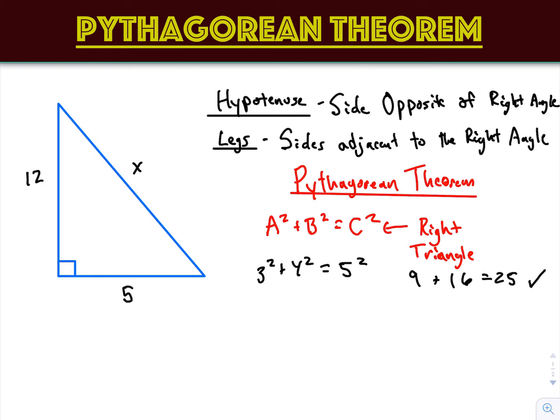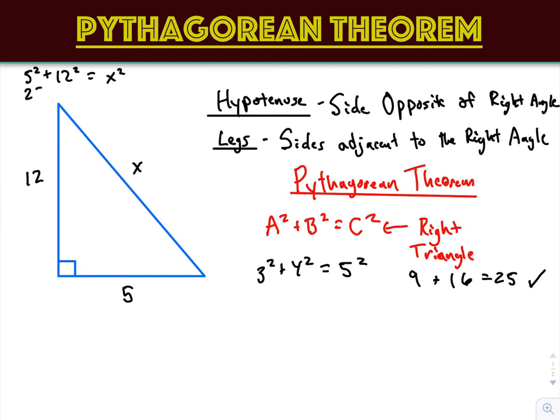They might also give us questions where we have to find one of the side lengths. In this case, again, we have our two legs to be 5 squared and 12 squared. And we're going to set it equal to x squared because we know that the sum of the two legs squared equals our hypotenuse squared.